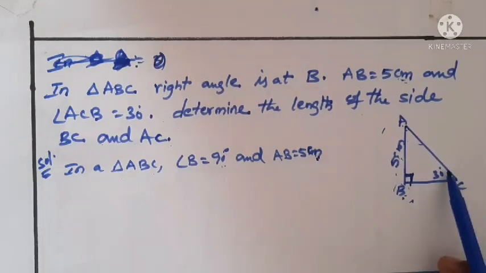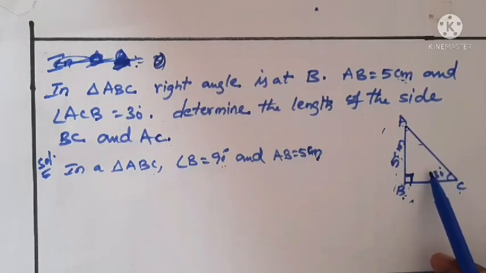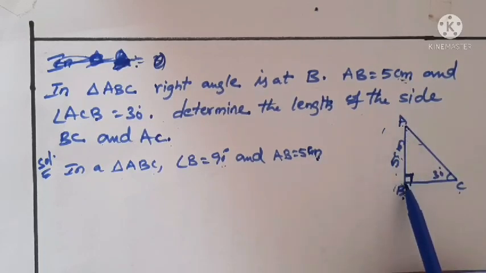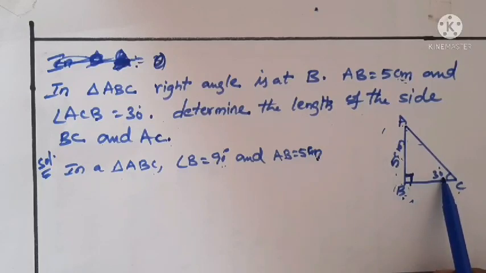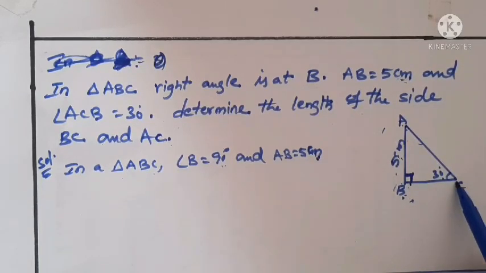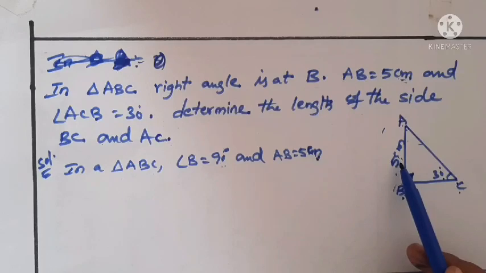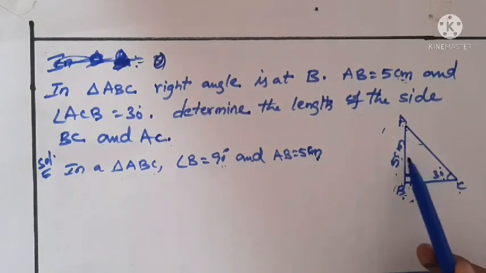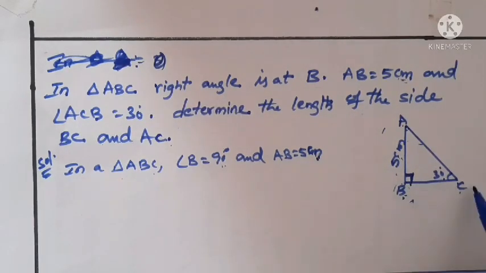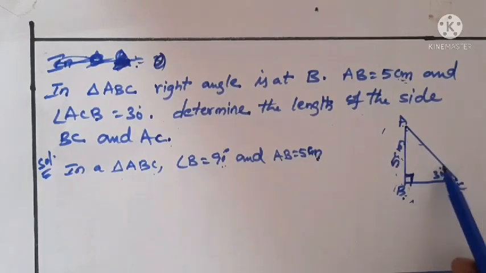See here, according to angle C, AB is the opposite side with respect to angle C. BC is the adjacent side with respect to angle C, right?